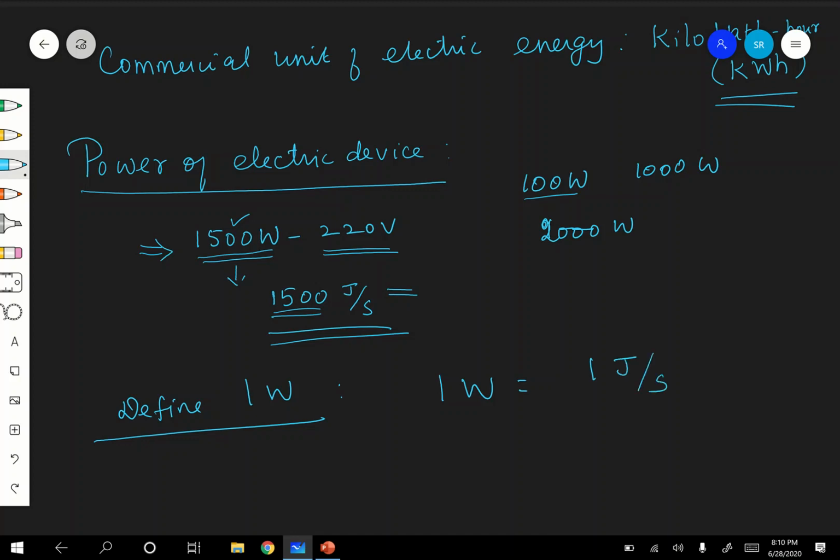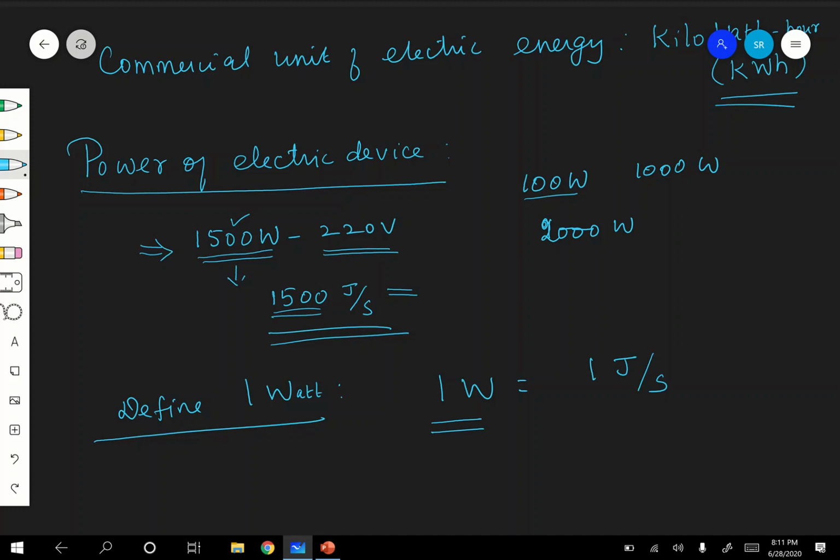You can say the electric power of a device is said to be 1 watt if it consumes 1 joule of energy in 1 second, when you are using it. Therefore, the power of an electric device is said to be 1 watt if it consumes 1 joule of energy in 1 second when it is put into use.